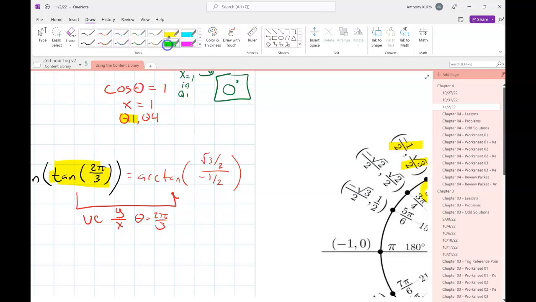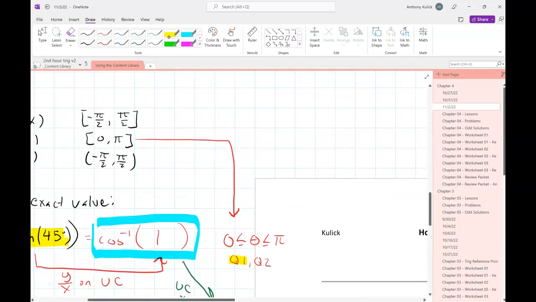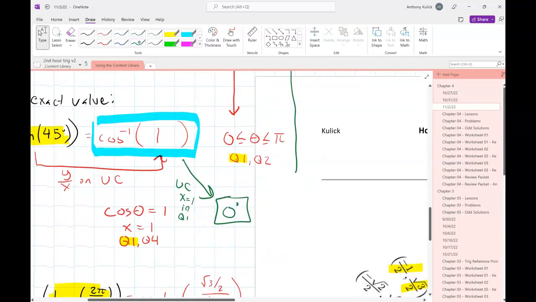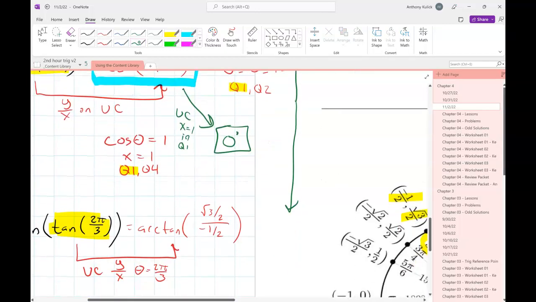But now, the arctan is really the same as tan inverse, right? So if I'm using that, I need to make sure I'm using my range for tan inverse. So that's not 0. Everybody's cool? Okay.